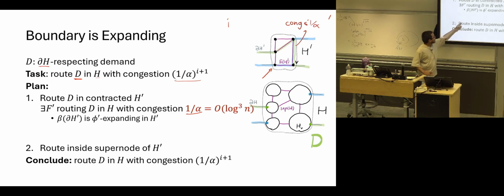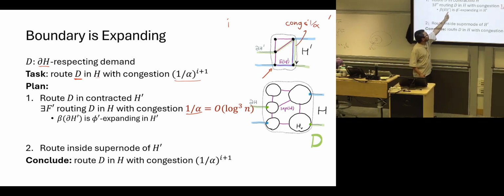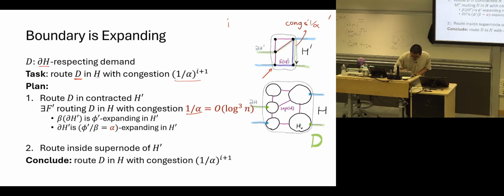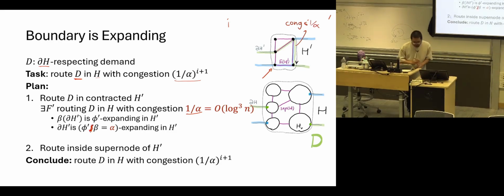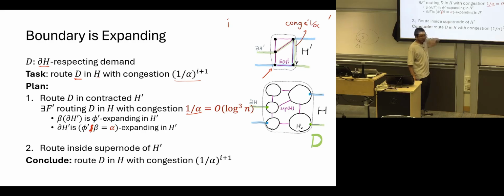So again, we know that the boundary of H prime, even after scaling up by beta, is phi prime expanding in H prime, just because we do expanded decomposition with parameter phi prime. But this implies that the boundary of H prime is phi prime multiplied by beta expanding. So this is like 1 over polylog expanding, much better than phi.